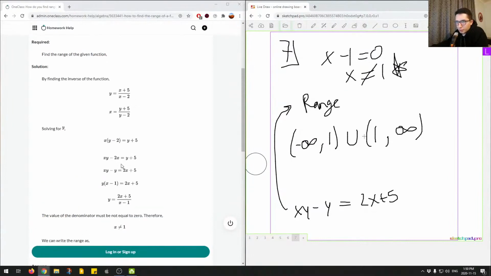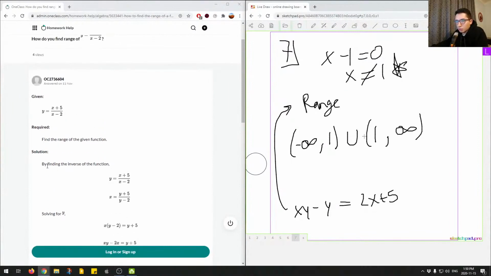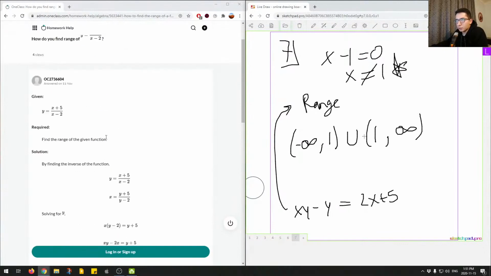Just giving a quick summary. The first step is we flip the x and y. Finding the inverse of the function means flipping the x's and y's, and then we solve for y. Then we look at the denominator and set that to 0, and this tells us the range of the original function.